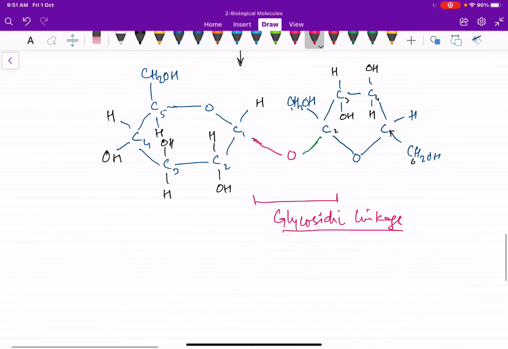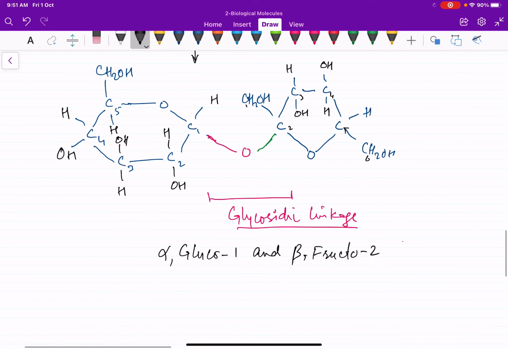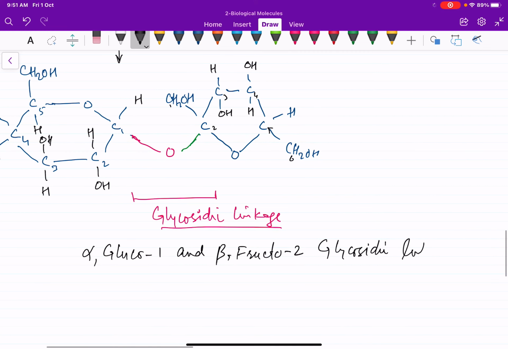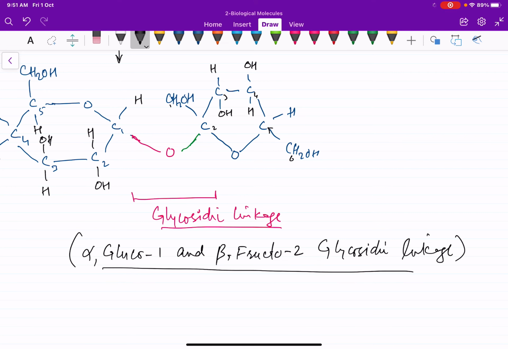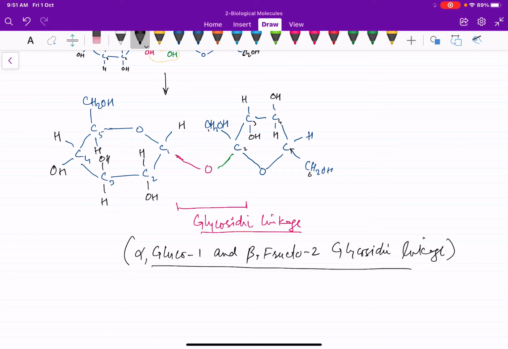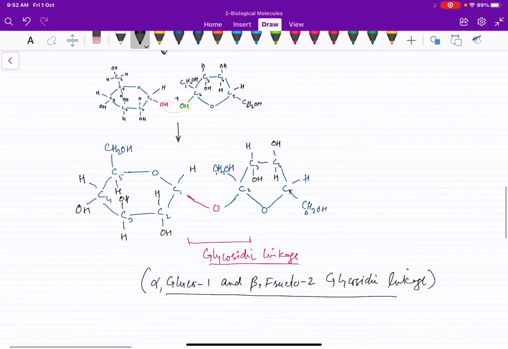I'll write that: alpha gluco 1 and beta fructo 2 glycosidic linkage. It is just to remember the bonding is in between carbon number 1 and carbon number 2. Otherwise, we do not have this in our syllabus. So this is all about the disaccharides. Hope you have understood it.